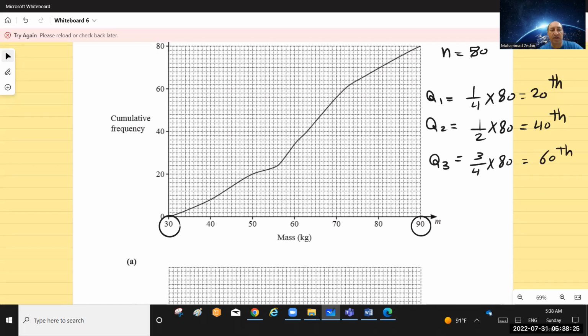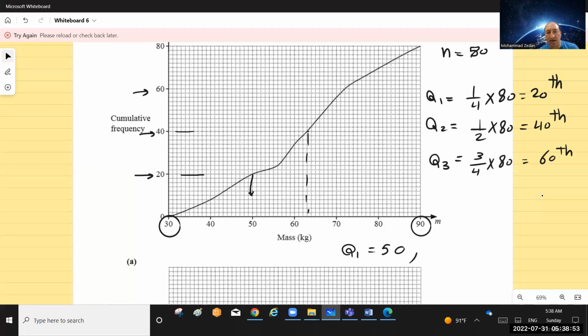So you need to find these values simply. Use a ruler, draw a line like this until the point and go down. Q1 now is equal to 50. By the same way, you get the median, this point, and then go down by ruler.